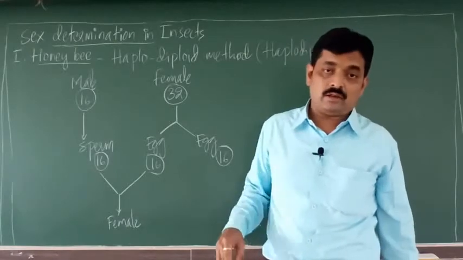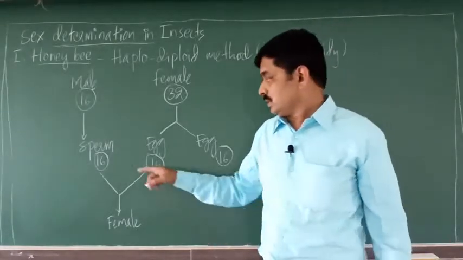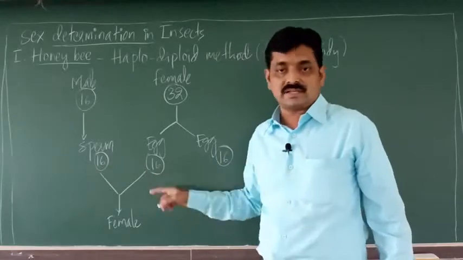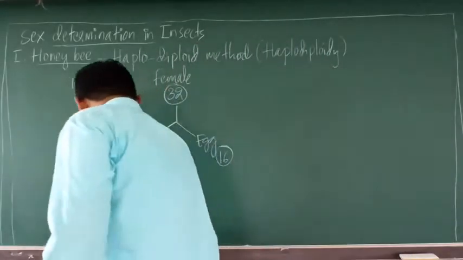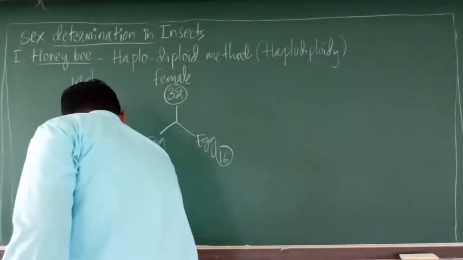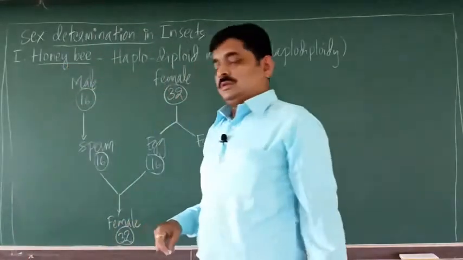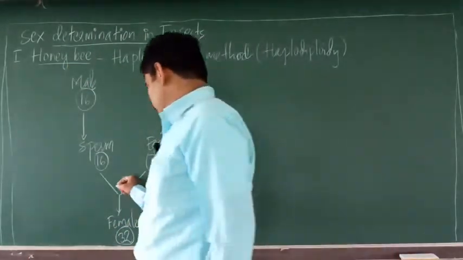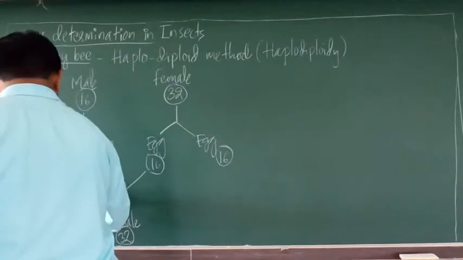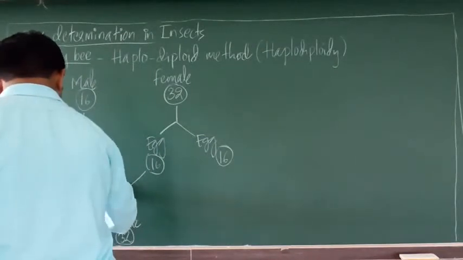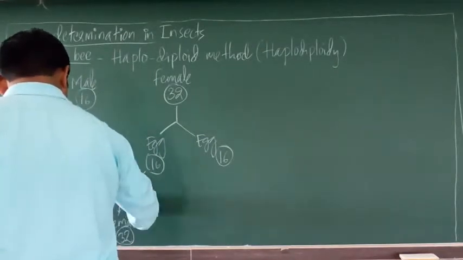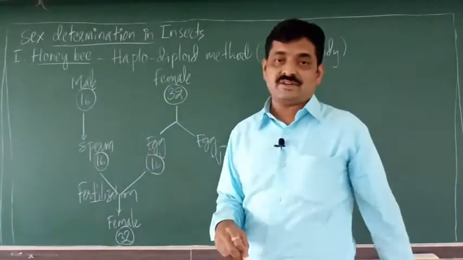Now this female will have how many chromosomes? It is 16 plus 16, that is 32. This process is called fertilization.